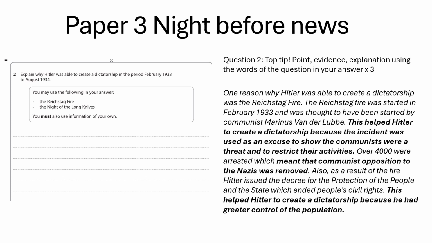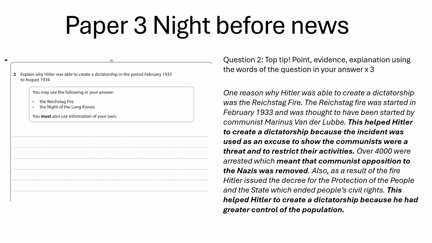So if you read through the answer in front of you, I want you to look at where the point is, what evidence has been used, and see if you can identify where the explanation is. So just pause the video just for 2 minutes to read through that paragraph and find the point, the evidence, and the explanation. You will notice that the explanation uses the words of the question in the answer.